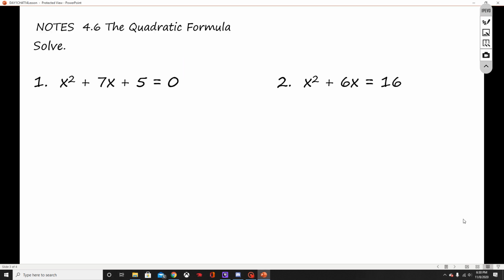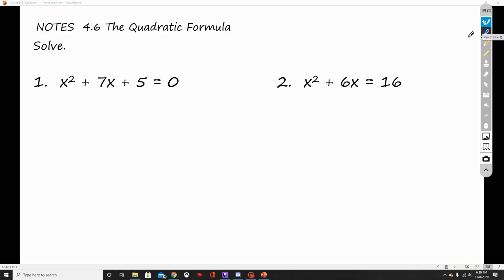Let's look at how to use the quadratic formula. So number 1, x squared plus 7x plus 5. This is in standard form. It's equal to 0. Our a is 1. Our b is 7. Our c is 5. So I'm going to use the quadratic formula to figure out what the solution is to this equation.